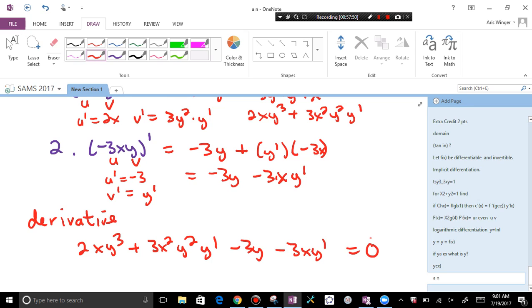You're going to get y prime by itself. When you do this first derivative step, you'll get a whole line like this, a linear function of y prime, meaning that in order to get y prime, you will do the same thing every single time. Move everything else to the other side of the equal sign, and then you can factor out y prime and then divide. That happens every single time at this step.